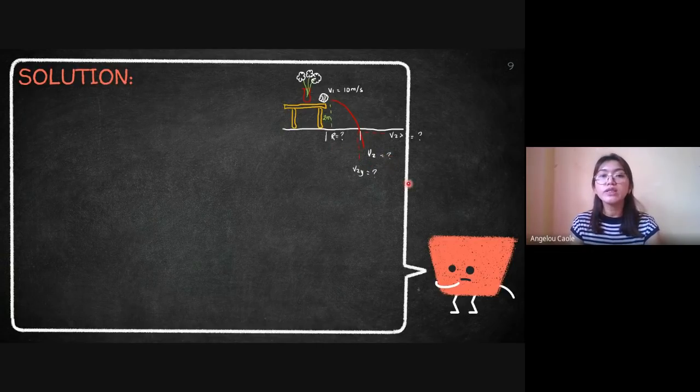But of course, before we compute the final velocity, we first have to calculate the x component and the y component of the velocity. Then after getting the x and y components of the final velocity, we can calculate it through the Pythagorean theorem. So let's start.